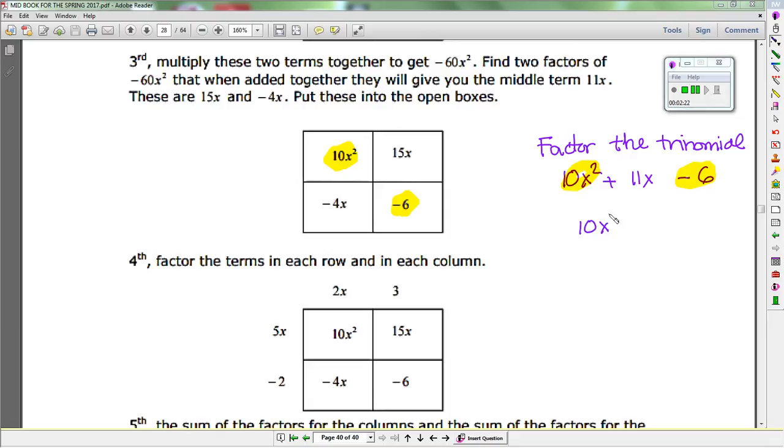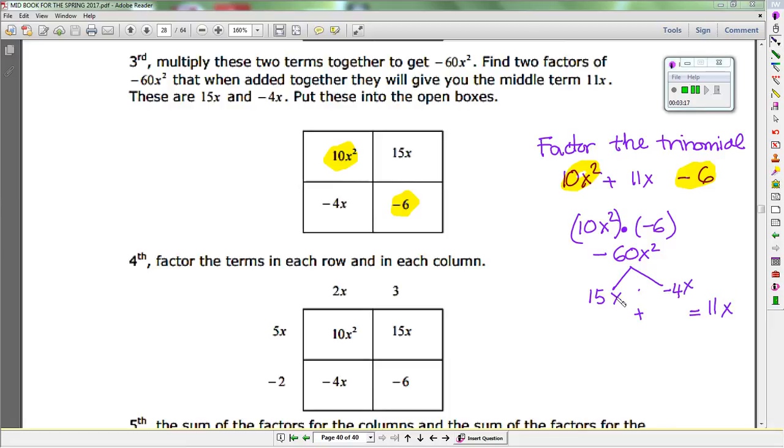So you take 10x squared times negative 6, and that will give you negative 60x squared. Then you are going to find two factors that when you multiply, will give you negative 60x squared, and when you add them up, they have to equal your middle term. So 15 times negative 4 gives us negative 60, and x squared we factor as x and x.